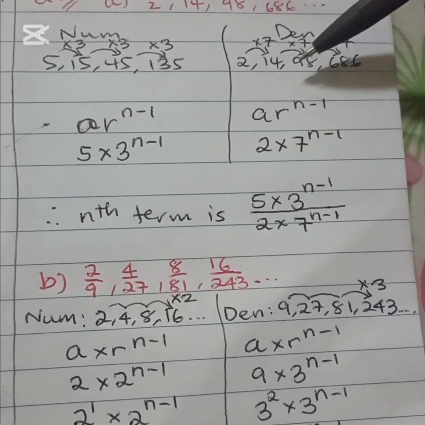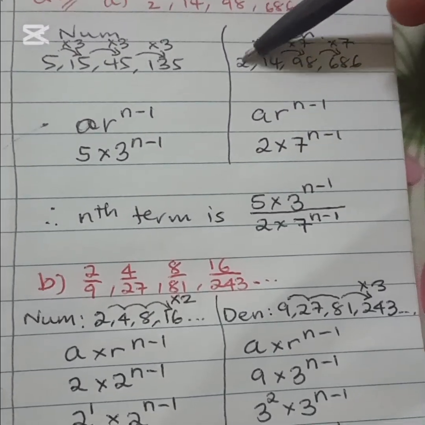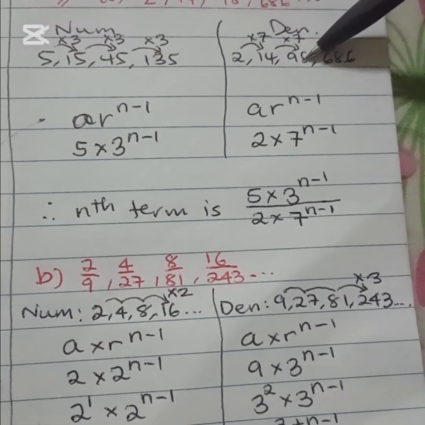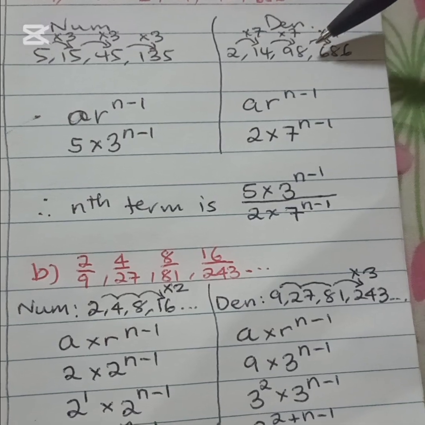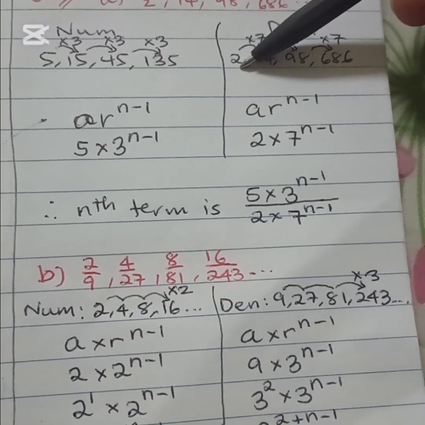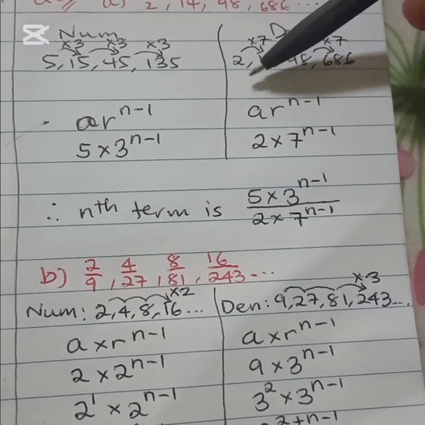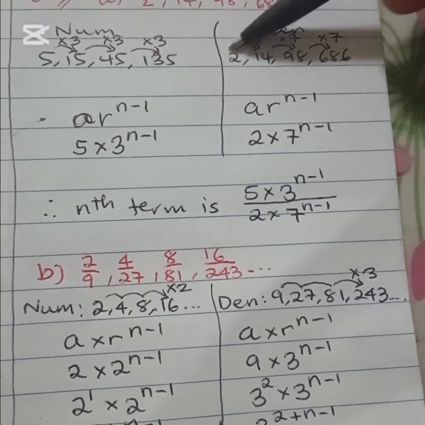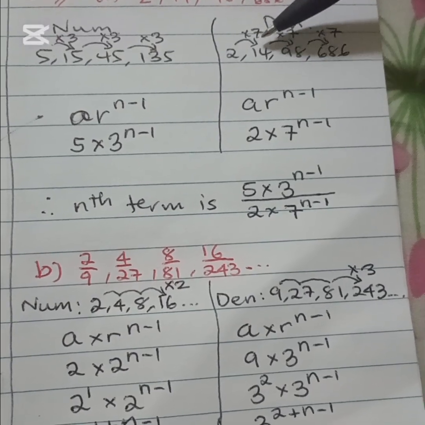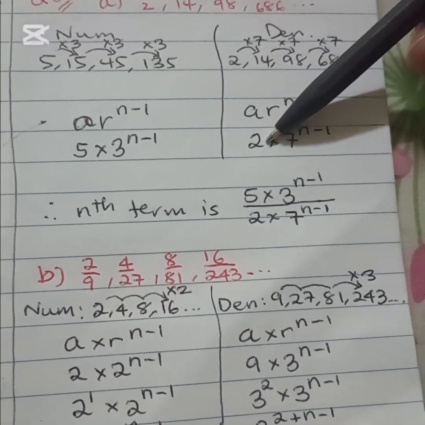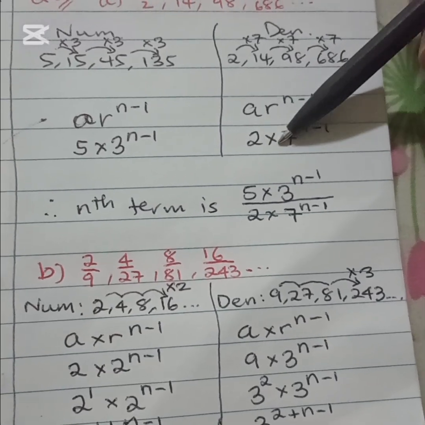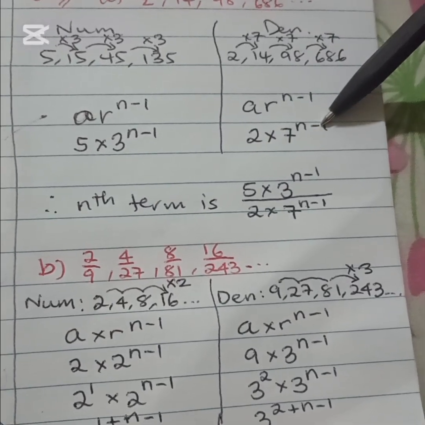Now we do the same for the denominators. From 2 to 14 we have multiplied by 7. From 14 to 98 we have multiplied by 7, and the same here. So substituting a for 2, which is the first term, and r for 7, which is the common multiplier, here is our n-term rule for the denominators: 2 times 7 to the power n minus 1.